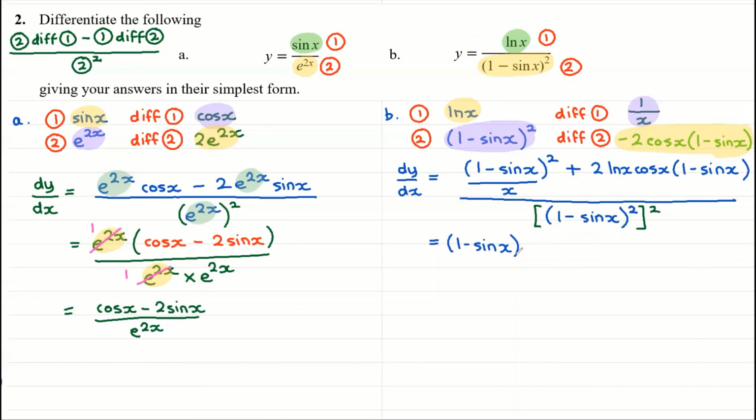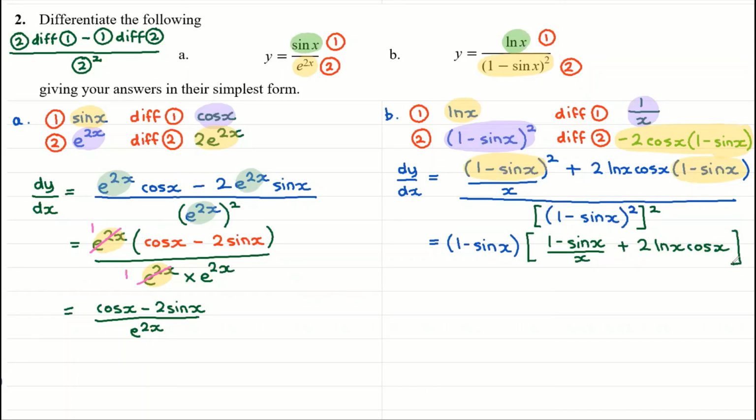And you can see it's a factor here in the first term and in the second term. So I'm going to factor that out. Let's use some nice big square brackets here. Okay, what do I have left over? Well, I'm going to have 1 subtract sine x all over x for the first term, plus 2 natural log of x cos x. Okay.